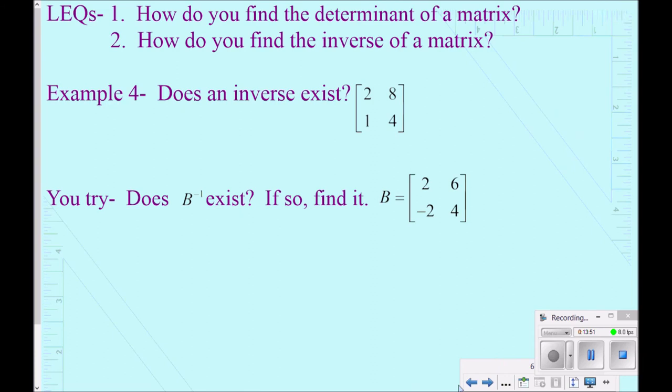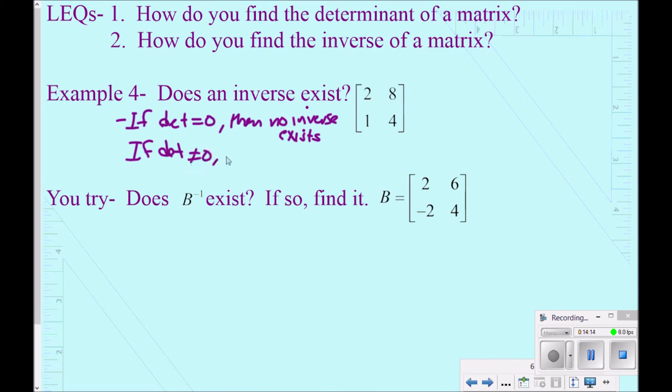You should probably jot that in your notes: if the determinant is equal to 0, then no inverse exists. If the determinant is not equal to 0, then an inverse exists.